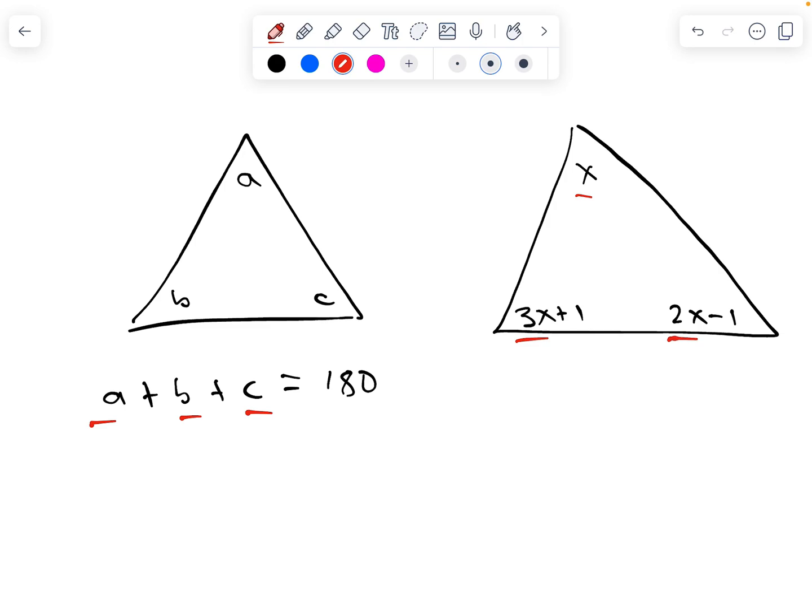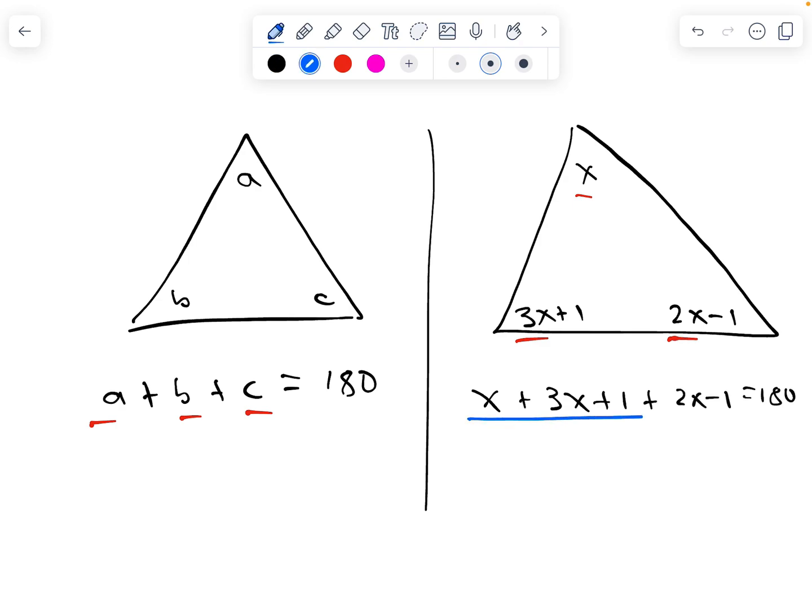So let's write this out. We've got x plus 3x plus 1 plus 2x minus 1 equals 180. Now again, because these guys are all on the same side of the equal sign, we can combine like terms. So x's, 3x's, and 2x's, those guys are all like terms.